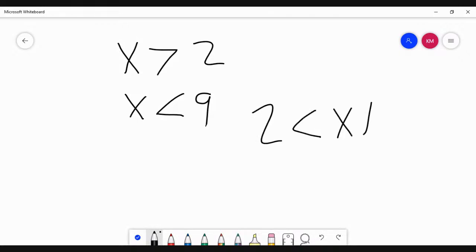2 is less than x plus 5 is less than 9. So when you're solving and the middle part has a plus 5 or minus 5, you do what we always do. Minus 5 on all sides.